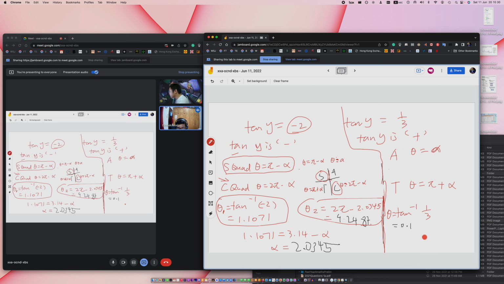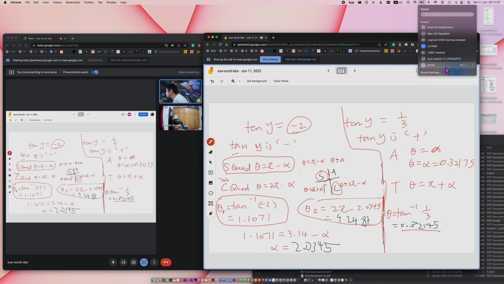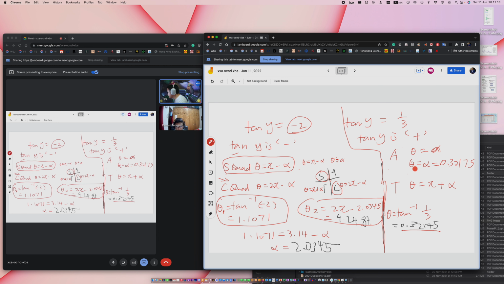Okay, 0.32175. Do you know that this 0.32175 is actually your theta and at the same time is your basic angle, the alpha here?